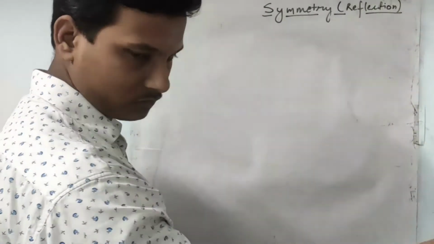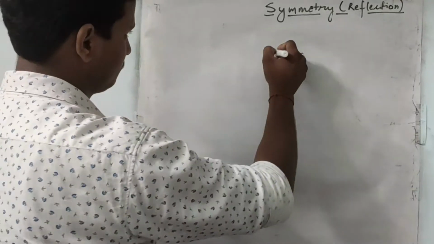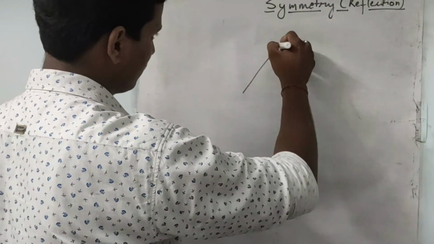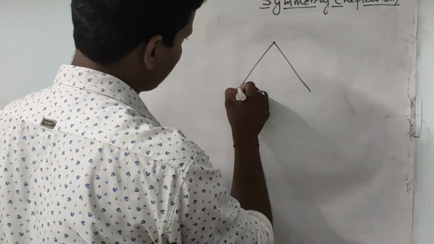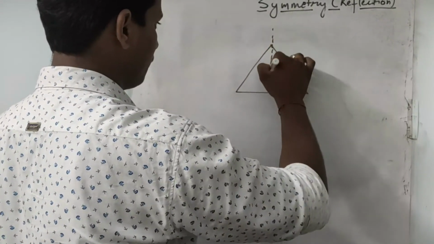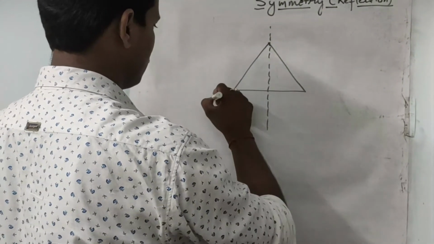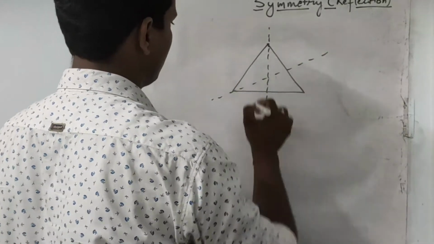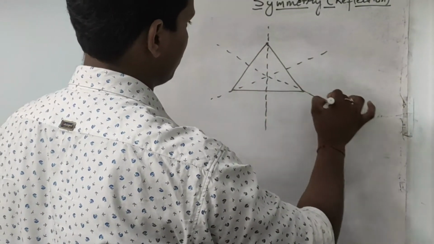Like an equilateral triangle. An equilateral triangle means all the sides are the same. So we can draw a line of symmetry from here, and from here also.